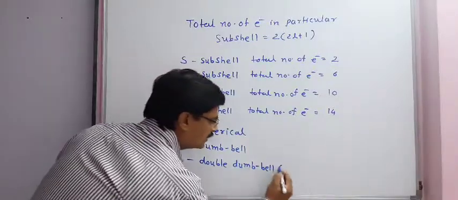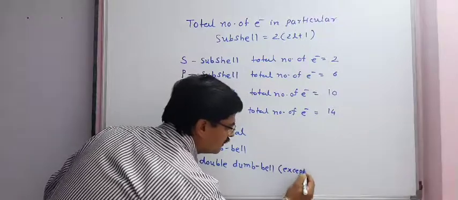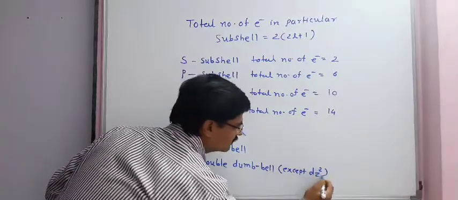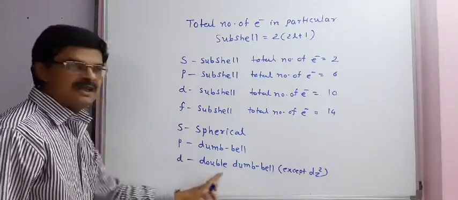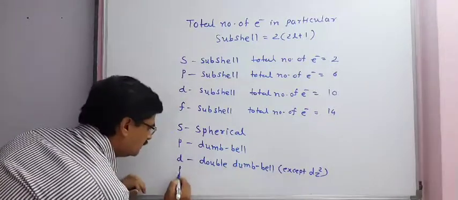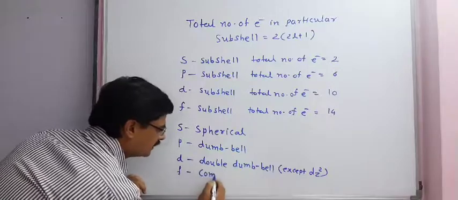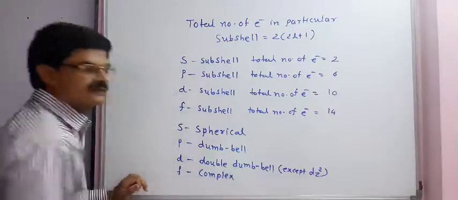But for the dz square orbital, the shape is not double dumbbell. For f, it is complex.